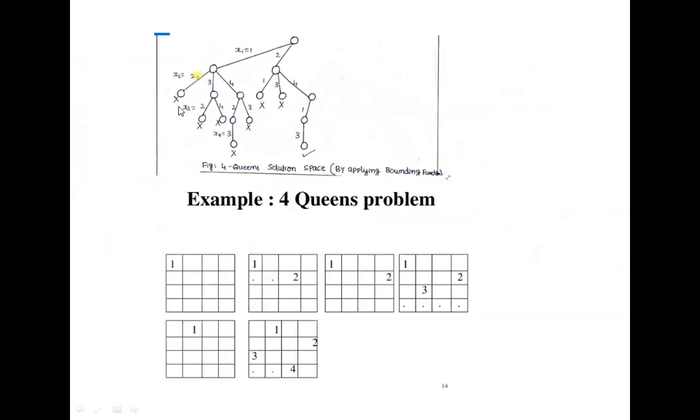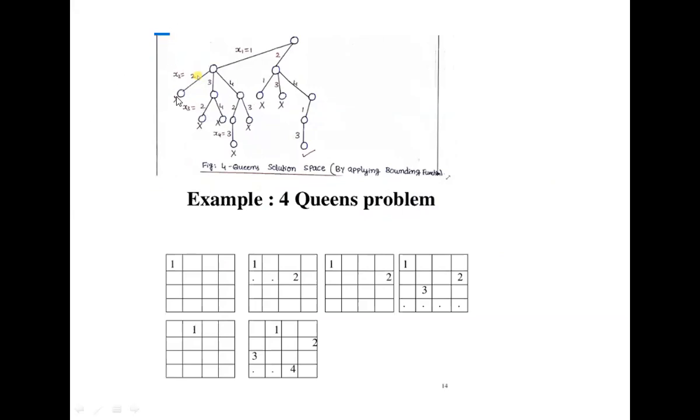So see here. The bounding function occurs here. That's why I put a cross mark here. So what is a bounding function? Bounding functions are used to kill the live nodes without generating all their children.